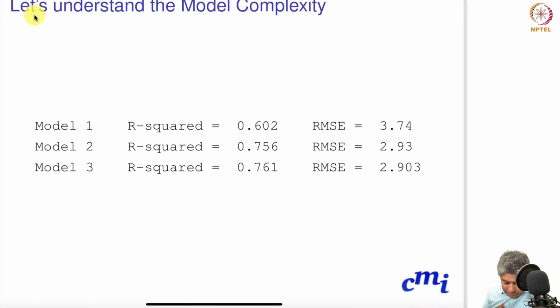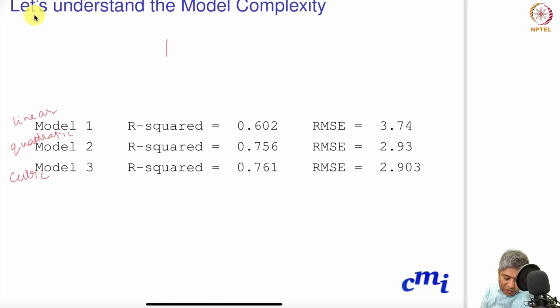These are the 3 models. This one was the linear, this one was the quadratic, and this one was the cubic.